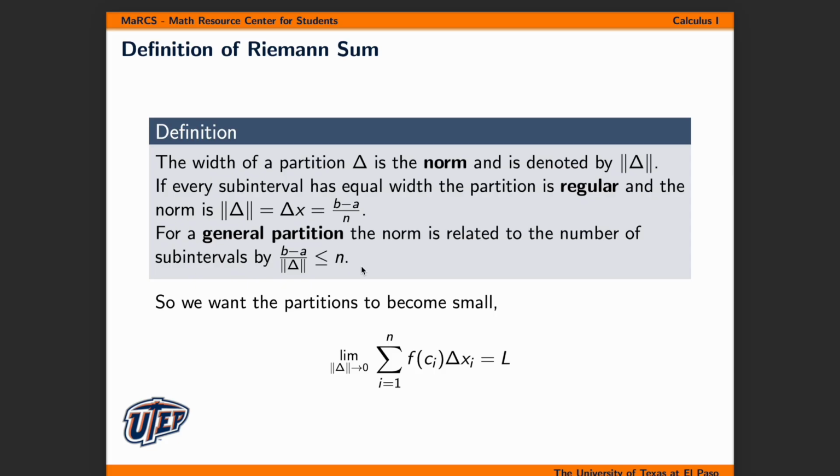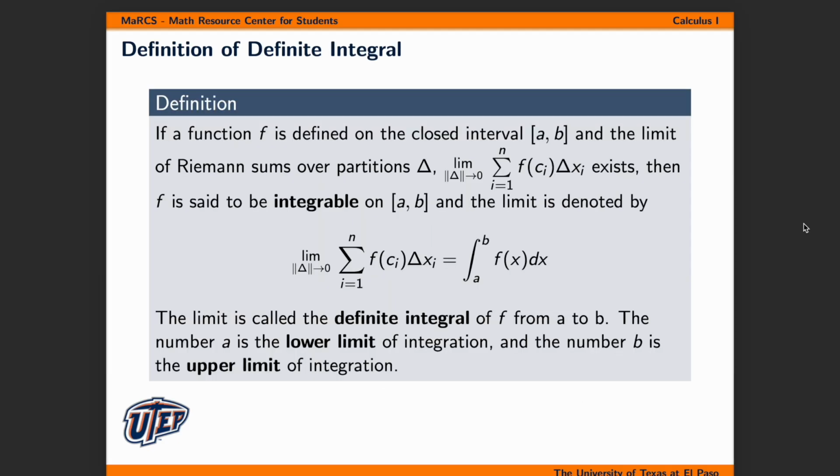So we want the partitions to become small. So we take the limit of the norm as it goes to 0 of the sum from i equals 1 up until n of our function evaluated at the point ci times our delta xi, and that is equal to L, our limit. So now we can define a definite integral.